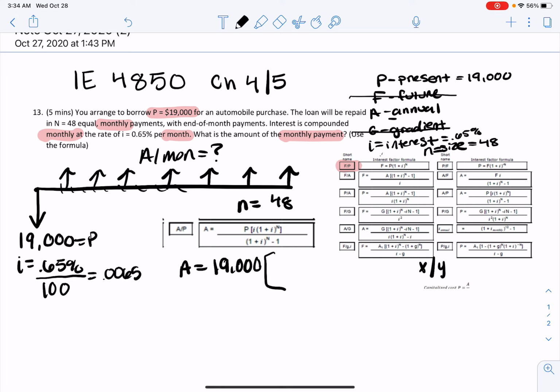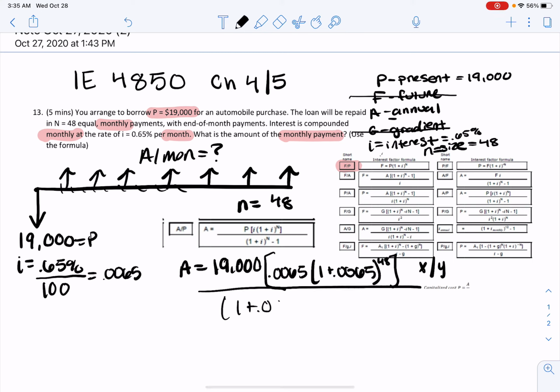Then we've got our I, which is 0.0065. 1 plus 0.0065 to the power of n, which is 48, all over 1 plus 0.0065 to the power of n, 48, minus 1.